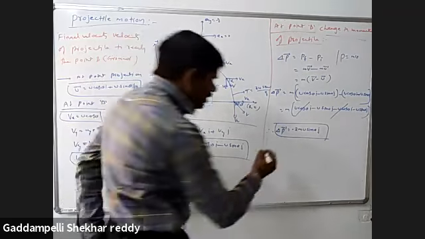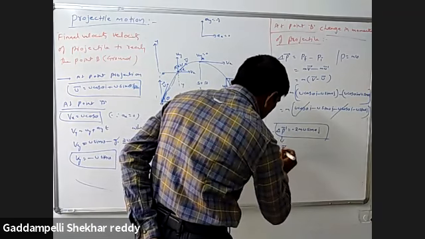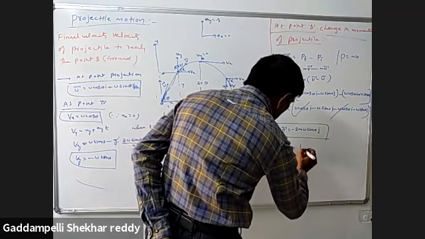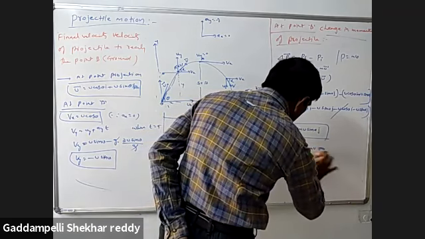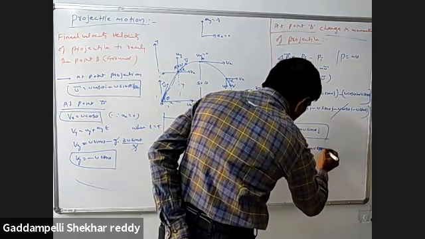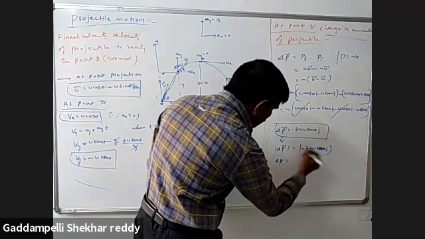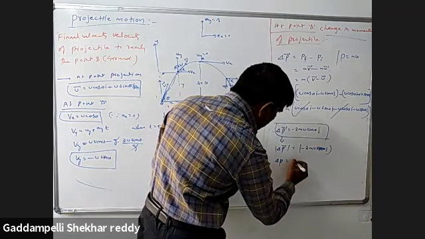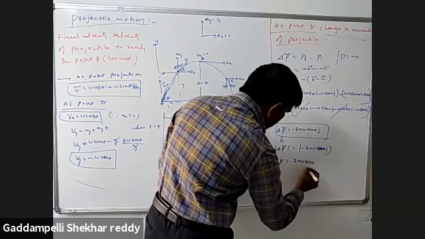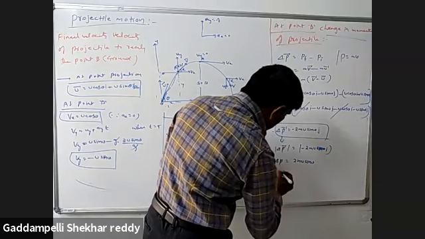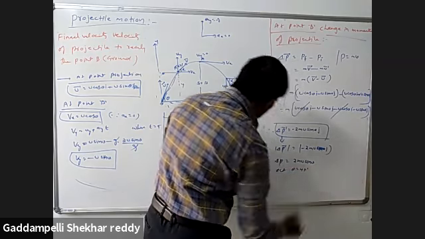If it is asking for the magnitude, delta p bar is equal to the mod of minus 2m u sin theta j, which is 2m u sin theta, but here theta is equal to 45 degrees.